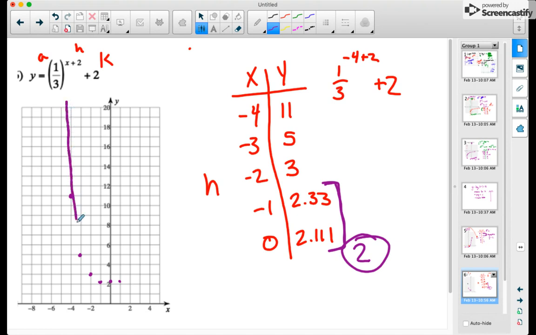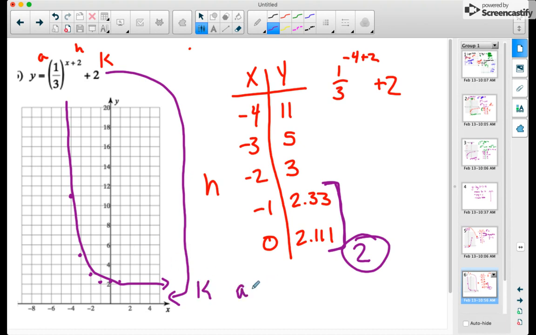Hopefully my stalling here has given you a chance to figure out why I know it's flattening out at 2. It comes from our k value. So our k value will tell us our asymptote, which in this case is 2.